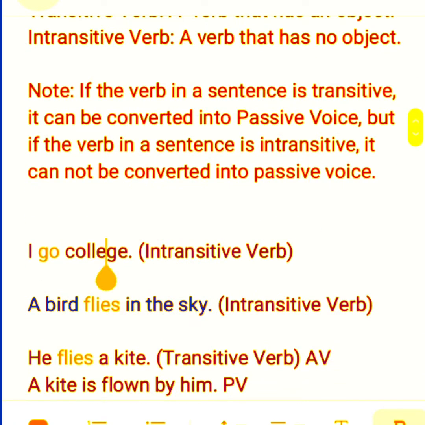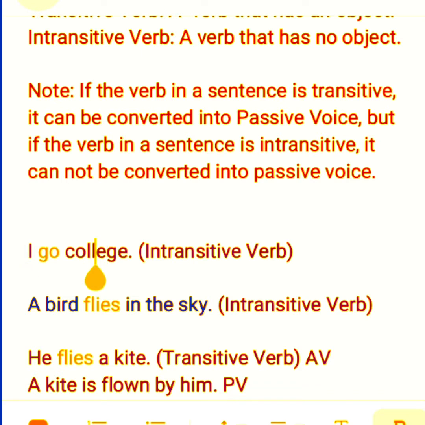I go to college. Look at this sentence. Here the verb go is intransitive because now see the action of the subject, the action that passes from this subject and passes on to an object, but this is not an object, so the action does not pass from the subject to the object.